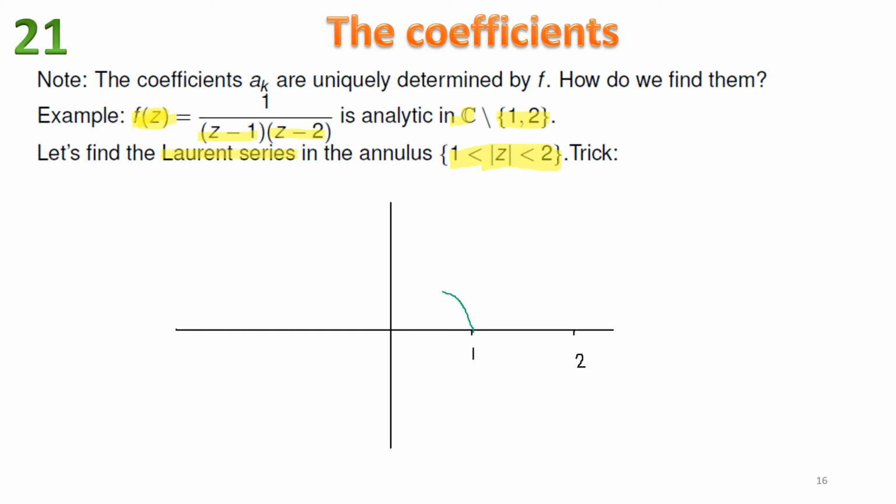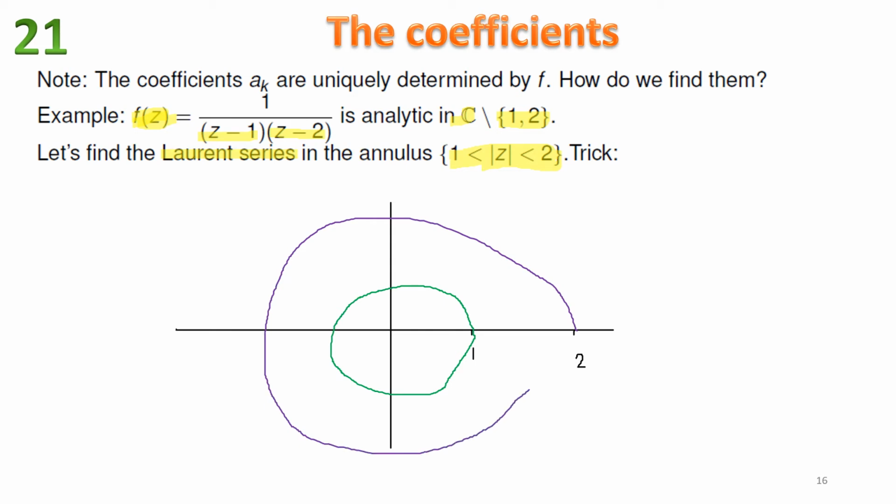So as suggested, the annulus is mod of z lying between 1 and 2. We are looking at the region which is lying between these two circles.